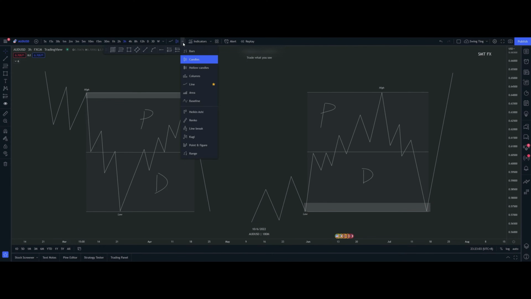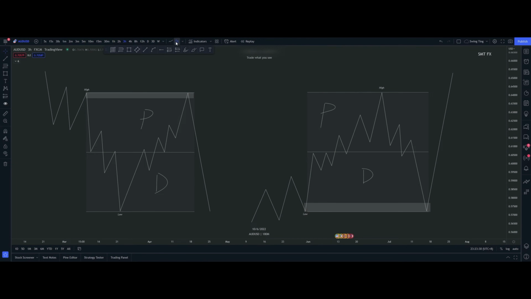As you may know, TradingView offers different methods of displaying the data. Use the line graph, which is this one that I use, and it allows you to see the market in a much simpler light. Not a lot of candles, not a lot of noise. You're just going to see lines and how the market has formed. This is one of the best methods I use personally to spot swing points.